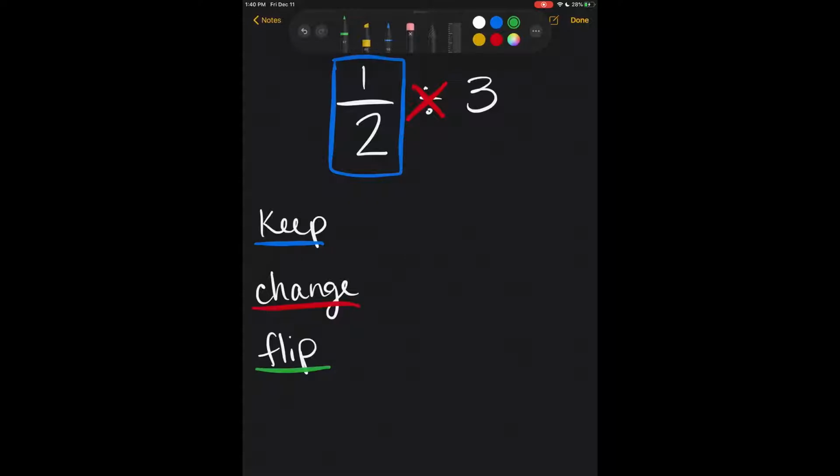So what happens is that when I'm dealing with fractions, I need to turn my 3 into a fraction, right? We know that we do that by putting a 1 under it. But when we flip it, it takes the place of its numerator. So my 1 and my 3 flip. So what happens to my problem is that it now becomes 1/2 because we keep that.